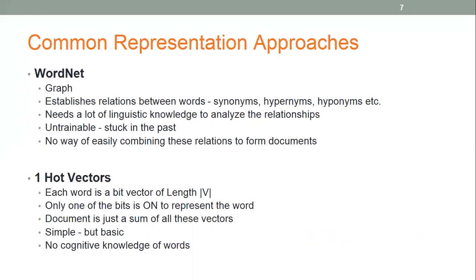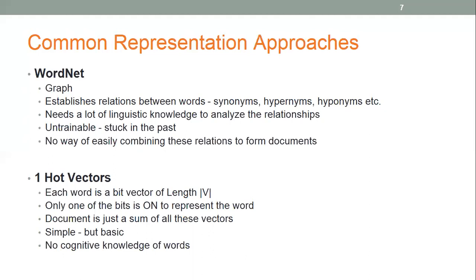The relationships are like synonym, hypernym or hyponym, if you are familiar with those. Synonyms are at the same level, whereas a hypernym is a higher class. For example, a vehicle is a hypernym of car, and vice versa for a hyponym.